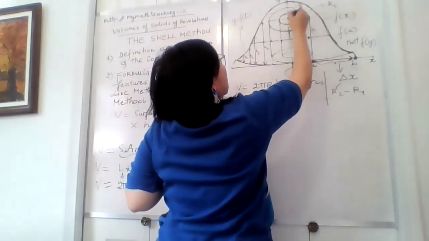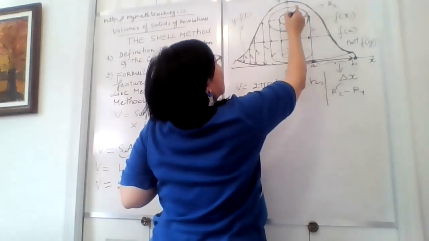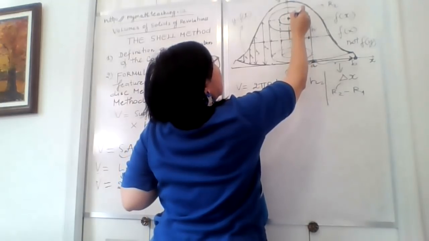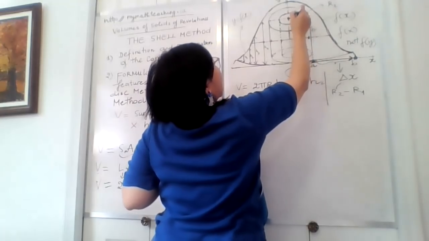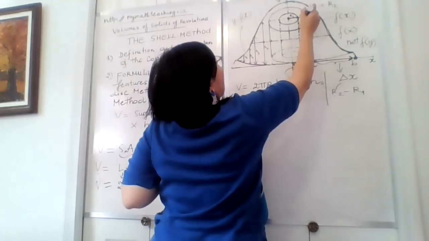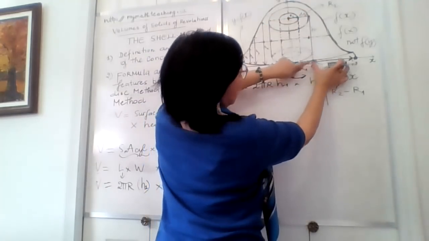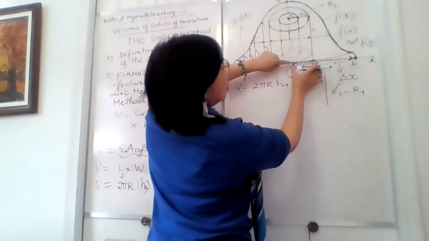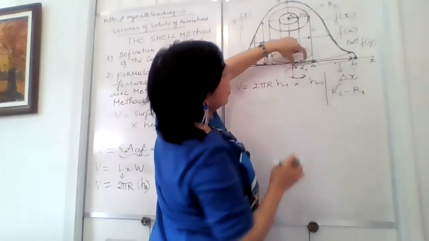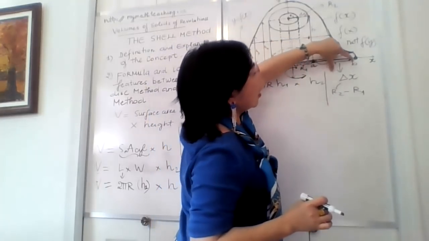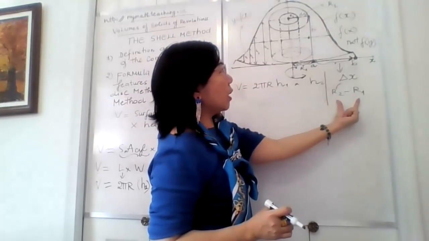So R2 is the radius of the outer cylinder, big R, minus small r inside the cylinder. So from here to here is R2 minus this part, and you get delta x here, right? So you can see our thickness is built from inward to outward, and delta x here represents R2 minus R1.